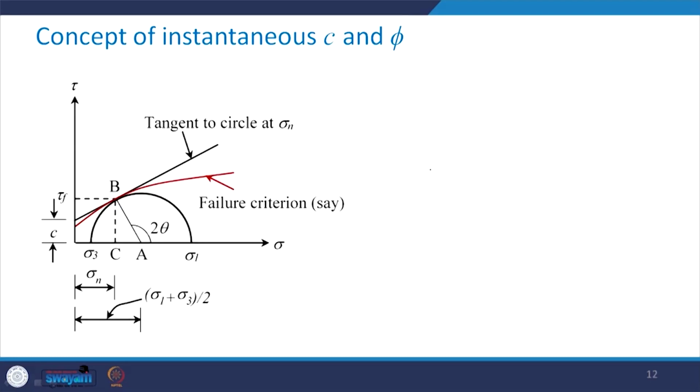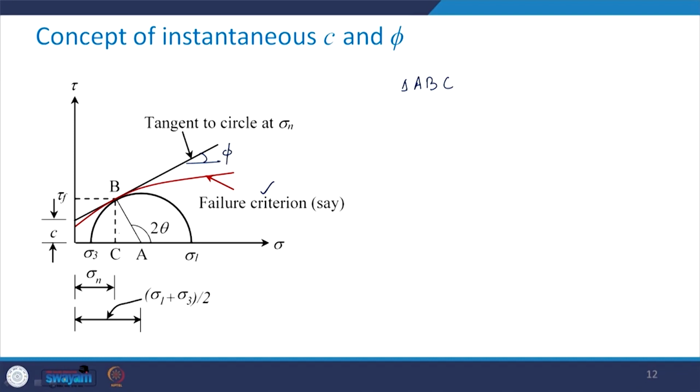Take a look at this figure again, because still we need to find out c and phi corresponding to this failure criterion which is non-linear. So if you take a look at this figure and concentrate on the triangle ABC once again, this angle is phi, you see.